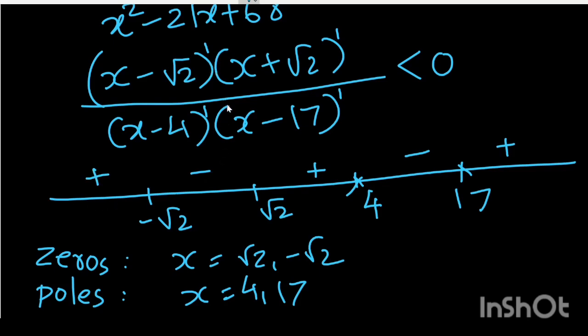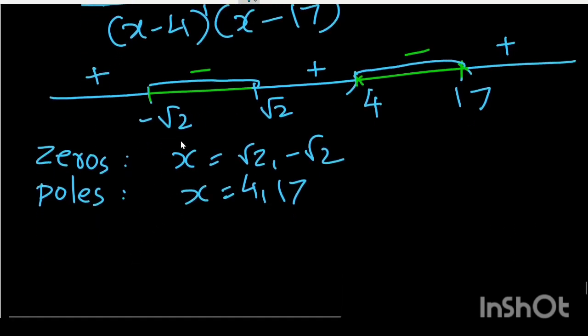What they are asking is negative. So for negative we will choose these two intervals, −√2 to √2 and 4 to 17, guys. So this is the answer, but we need to find x which is an integer satisfying this.